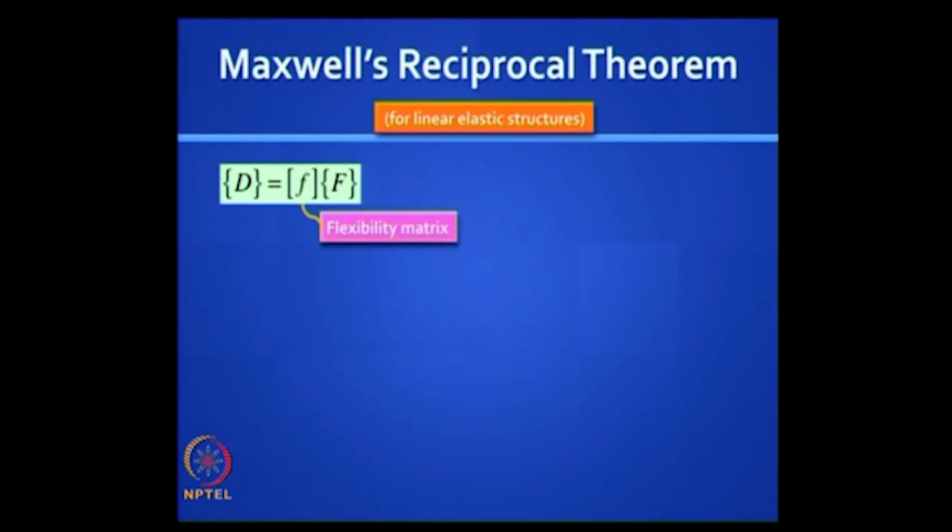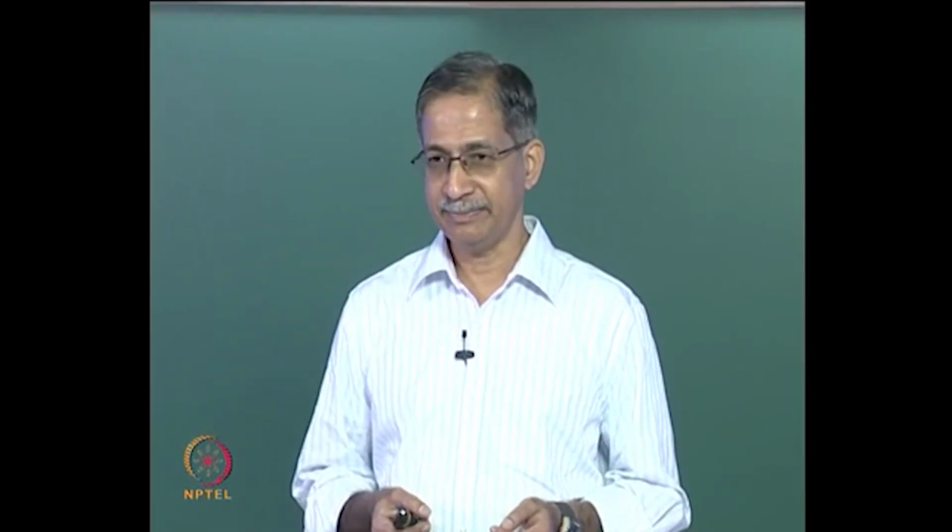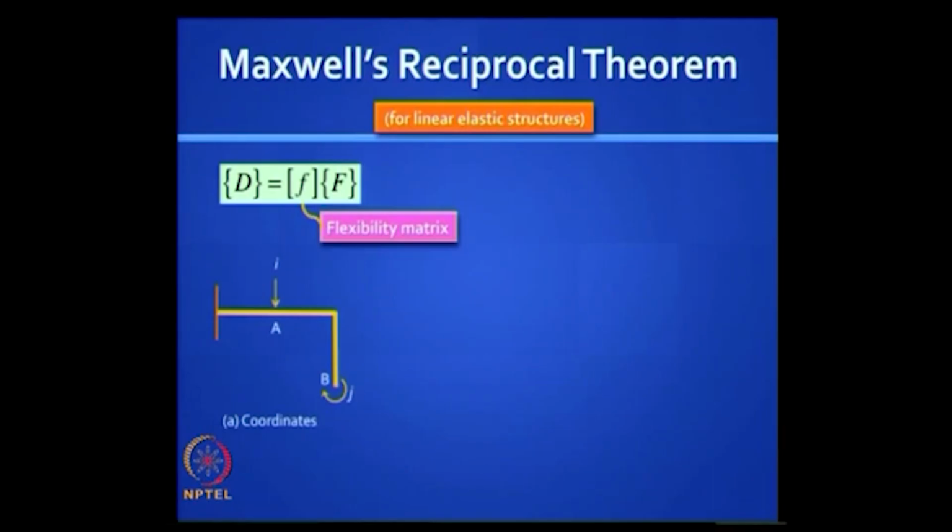Maxwell's reciprocal theorem in its modern form basically establishes that the flexibility matrix is always symmetric. Okay, so in the language of flexibility matrices and coordinates, let us take any structure linearly elastic.